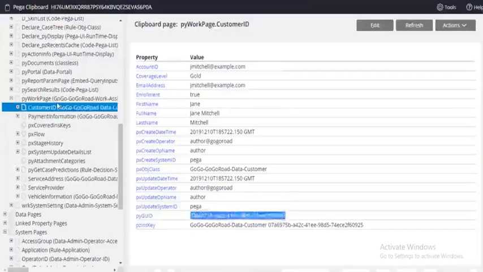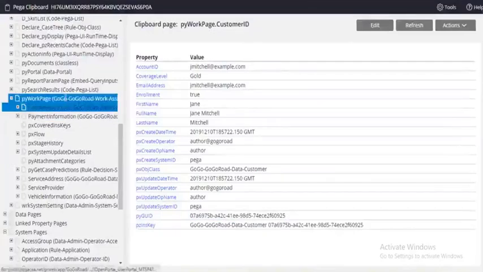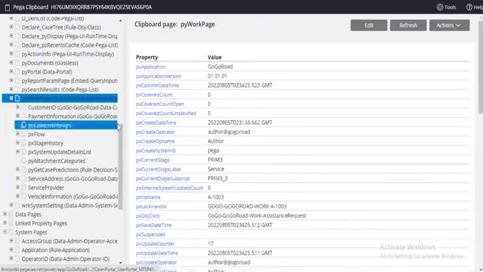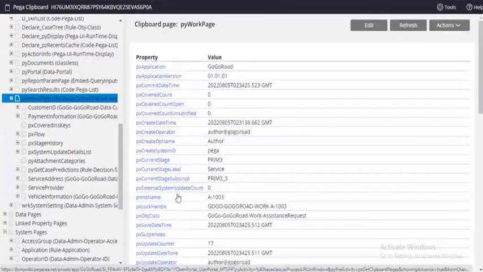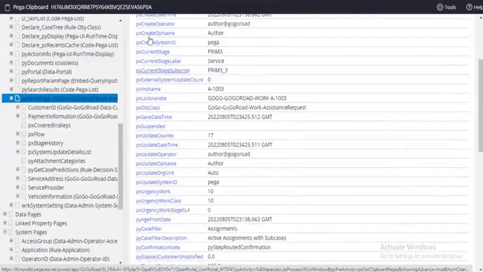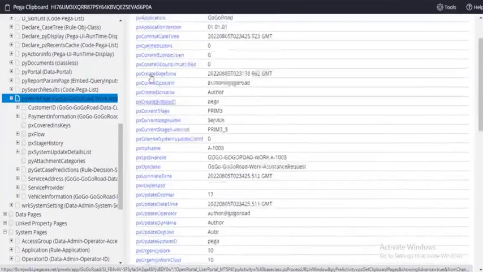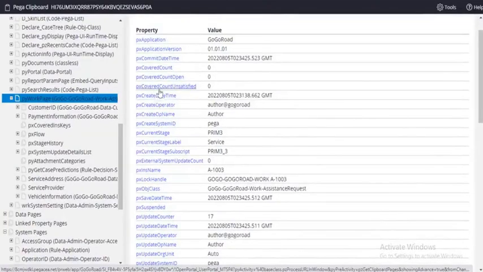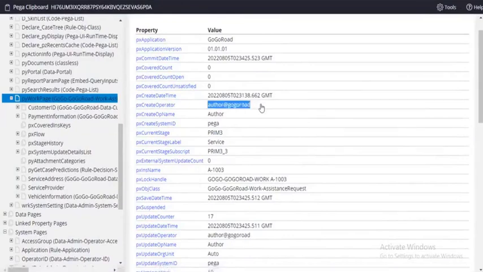There are so many PY properties. You can find pyWorkPage, pyLabel. These are all PX properties, you cannot change these things. pxCreateOperator: who has created this case?